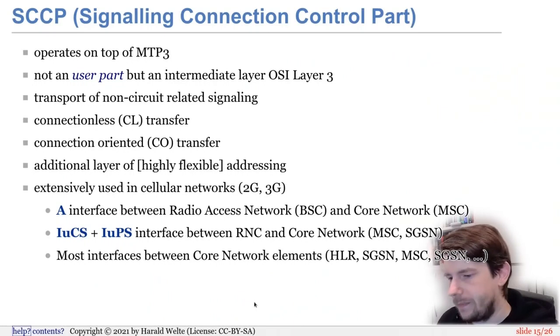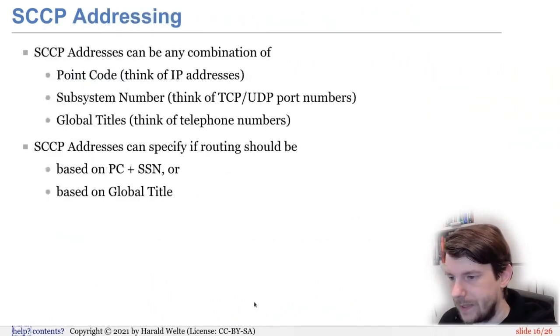And it's used for virtually all interfaces in the core network itself, so between the HLR, home location register, and the SGSN, and another SGSN, and the SMSC. You see too many acronyms. So the SMS service center and the home location register and the mobile switching centers, they, for example, all use SCCP to communicate their high-level protocol messaging.